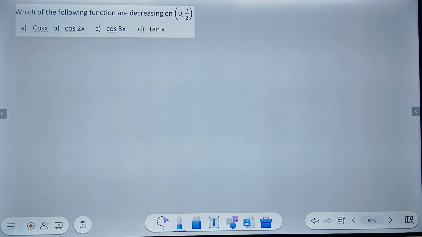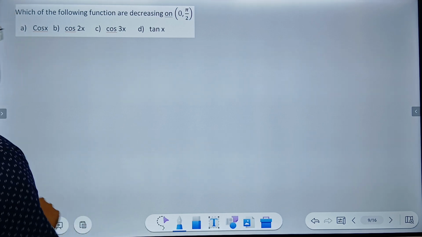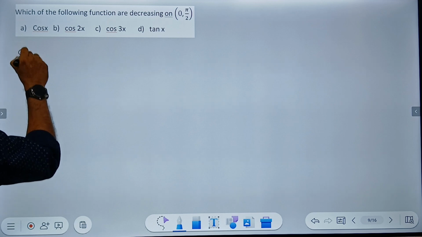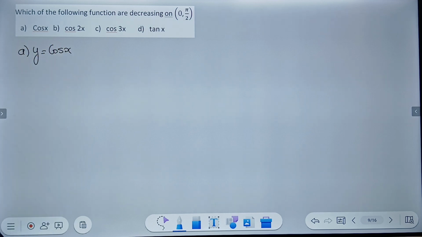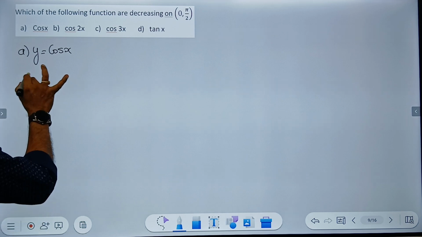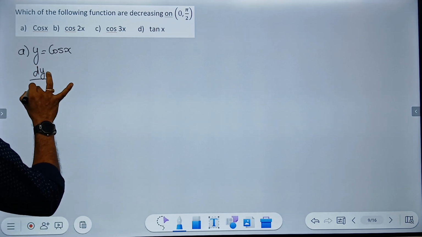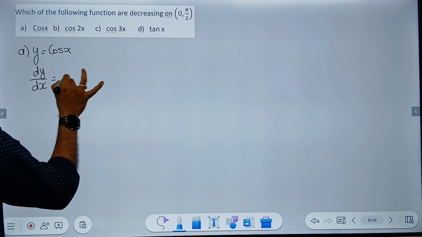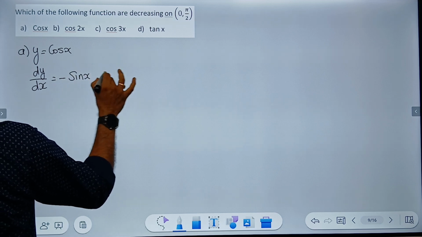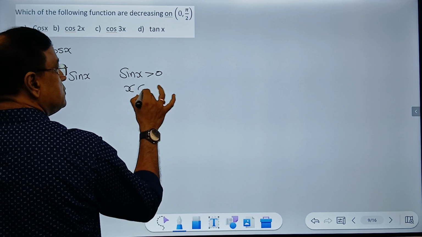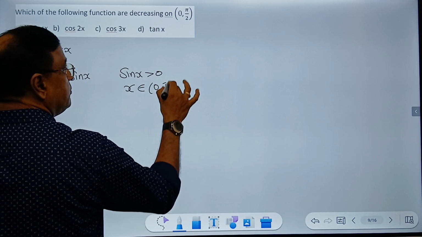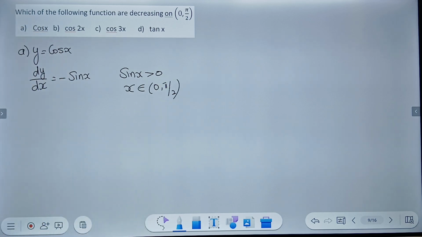Which of the following functions are decreasing in 0 comma pi by 2? Now first I'll take A. I have got y equal to cos x. Now what is differentiation of cos x? It will be minus sin x. Obviously, sin x is positive when x belongs to first quadrant, 0 to pi by 2.